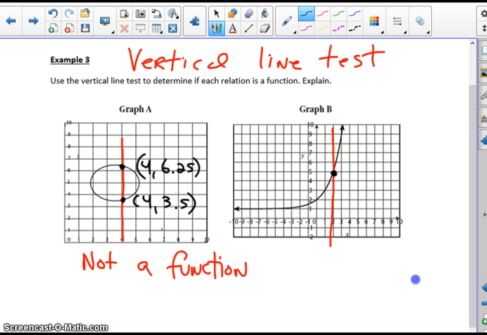So this is a function because that point where it touches the graph, which is, let's say, approximately 2.5, we can see that it only hits that in one location. That domain value only maps to one range value. 2 maps to 5. So this example is an example of a function. Yes, this is a function.